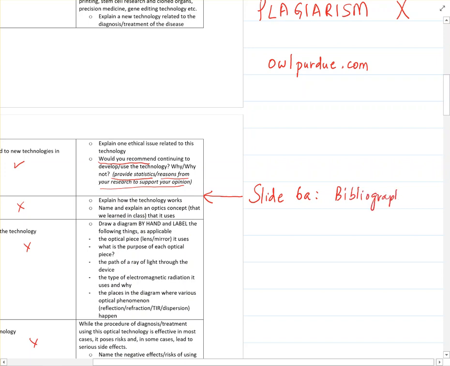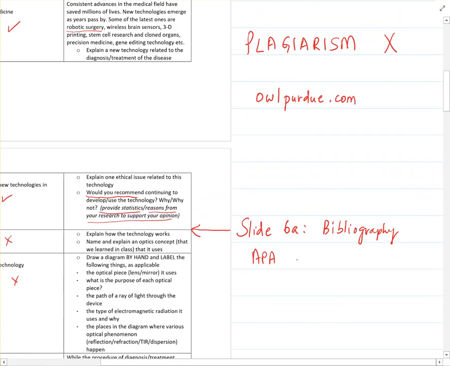Okay, and we all know it's always going to be APA style. And if we have forgotten how to do that, like I said, go to owlpurdue.com and teach yourself. Okay, so if there is going to be no bibliography, then your communication marks might fall down.